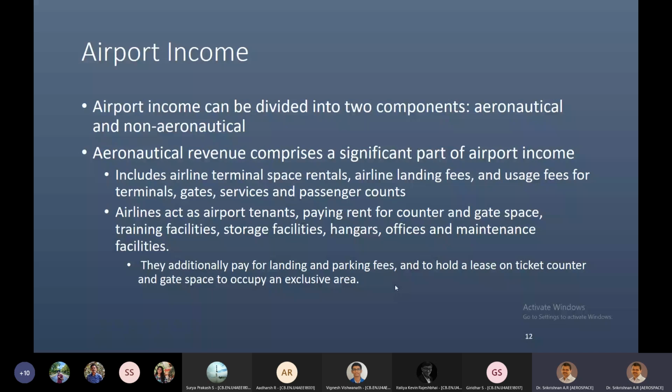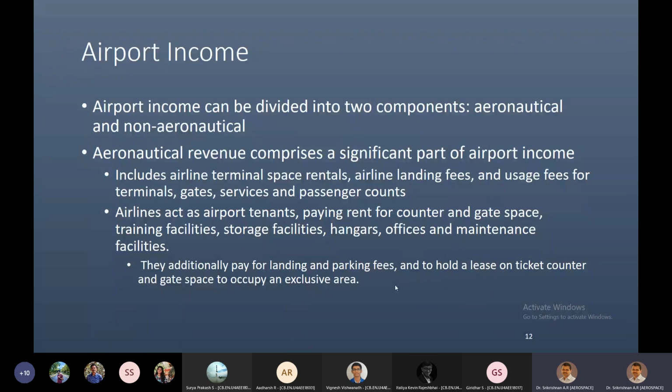Aeronautical income pertains to all activities that are related to flight operations, either directly or indirectly. The income that comes through those means is referred to as aeronautical revenue or aeronautical income.